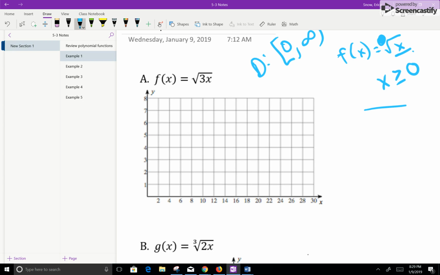So now when I make my t-chart for this, it makes sense we're going to start at 0, because that's our minimum, and the square root of 0 is 0. The next number we want to pick is the next perfect cube, which is 1, because 1 cubed is 1. And then 2 cubed is 8.